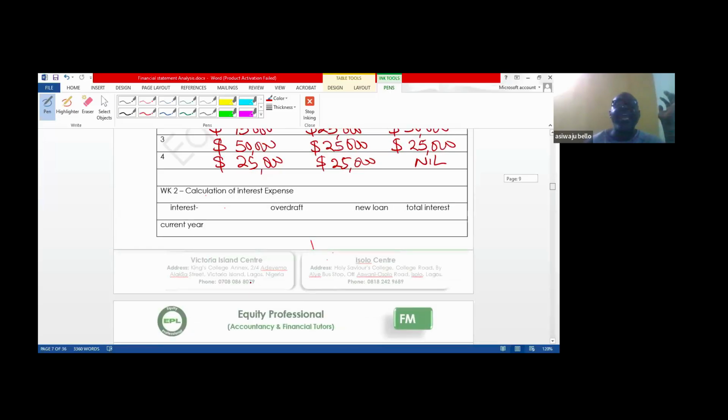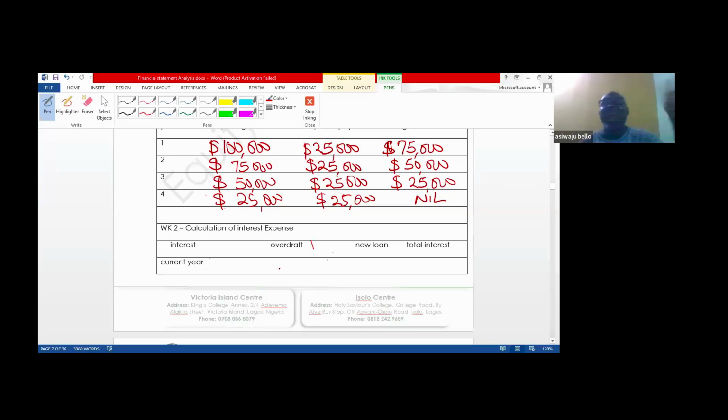In the current year, we have not taken the loan. We only have overdraft. Compute interest on overdraft. The overdraft amount is $20,000. The interest is 10%. Please compute.